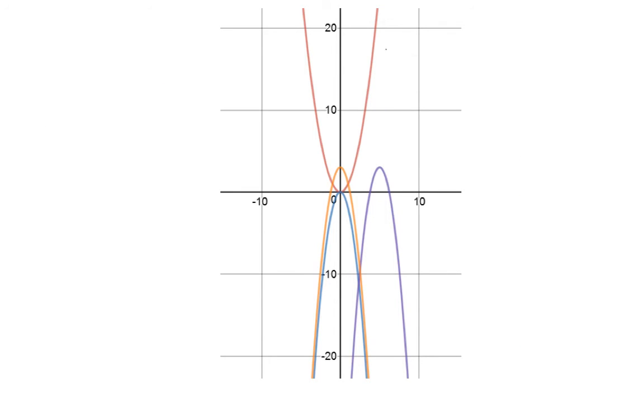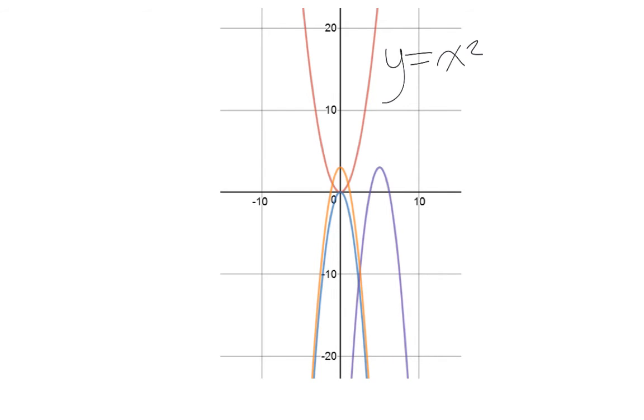You can see that we started with our base parabola of y equals x squared, the red parabola. We reflected it in the x-axis and we applied a vertical stretch by a factor of 2, and that gave us our blue parabola.